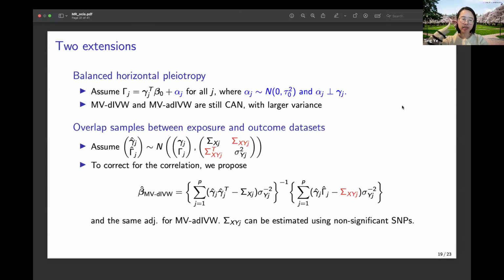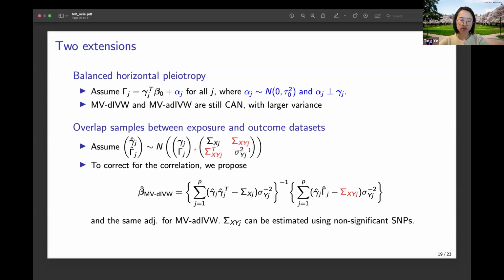And then we extend to overlapping samples between exposure and outcome data sets. This is also important because in some cases, the outcome data set, like UK Biobank, may include some samples in the exposure data set, and then there is correlation between them. We model this as having this correlation matrix.